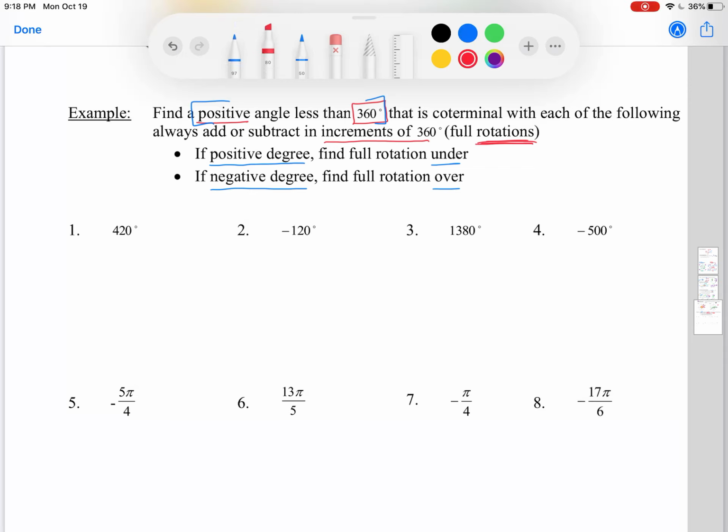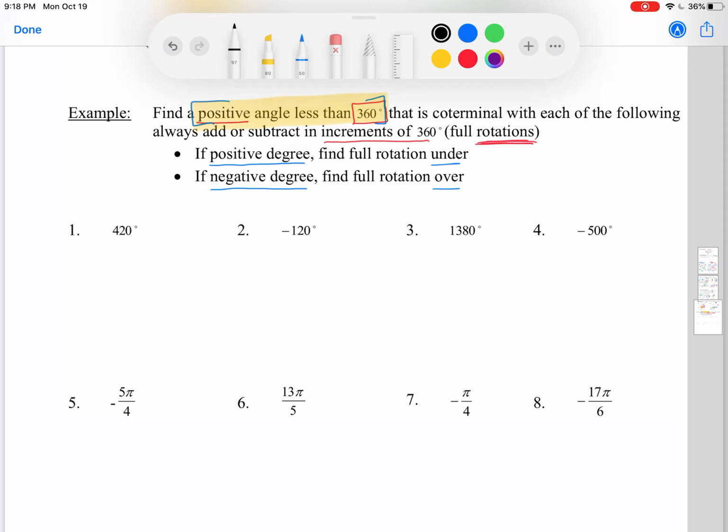And then if you're still not between the two things they asked us for, we just have to keep repeating the process. So the end goal is we want a positive angle that is less than 360. In other words, we want an angle that is between 0 and 360. If I want it to be positive, it's got to be greater than 0, but also less than 360.